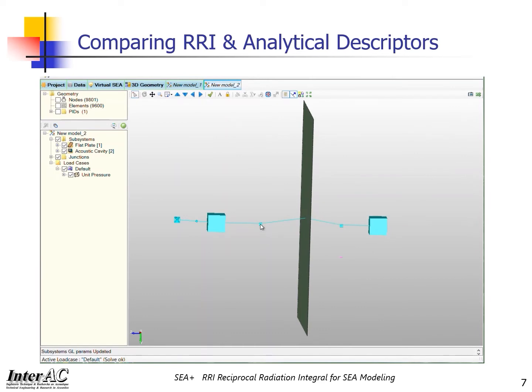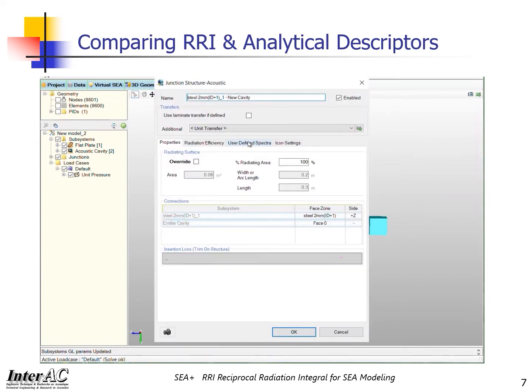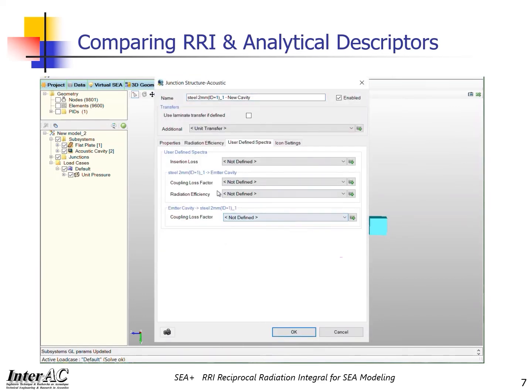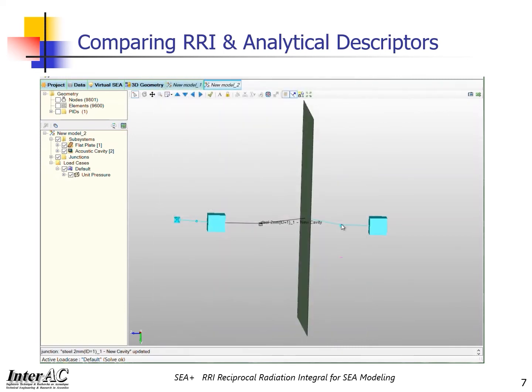So how to do it? I edit the connector, go to user defined, the acoustic to structure connection, and simply use, for example, the RRI radiation efficiency average in the connection.